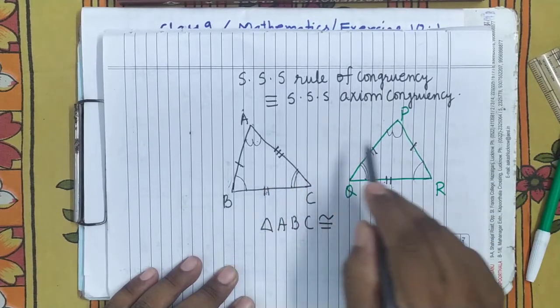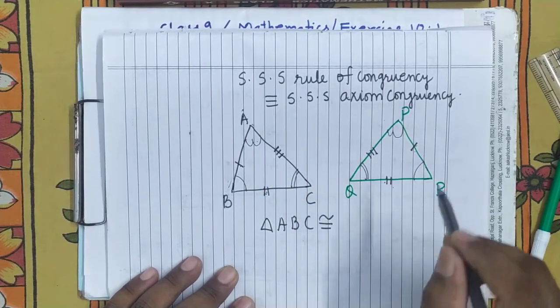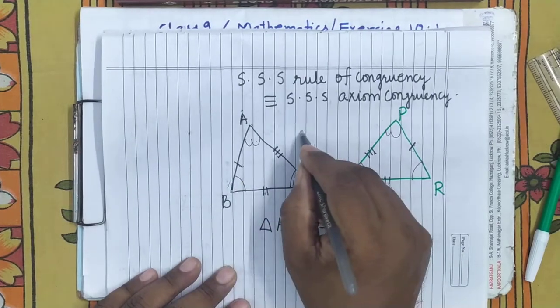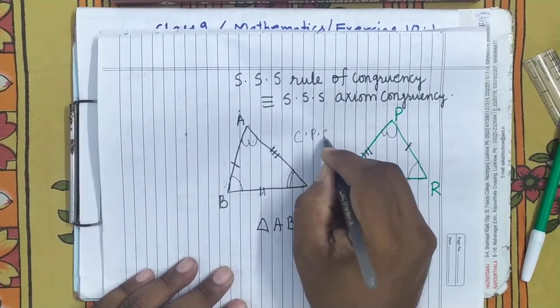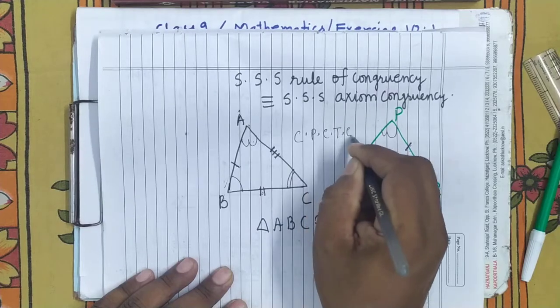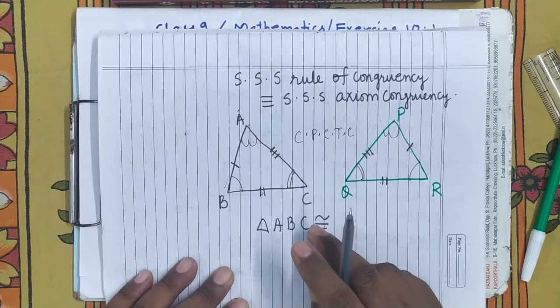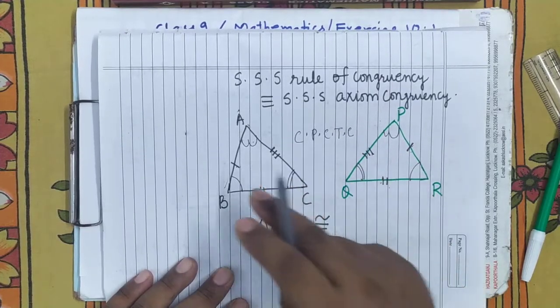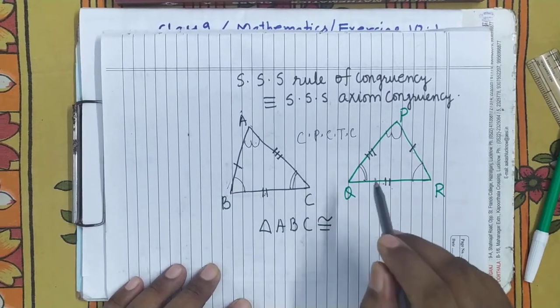So these angles will be equal by the property CPCTC. When the triangles are congruent, then their remaining parts will be equal by CPCTC.